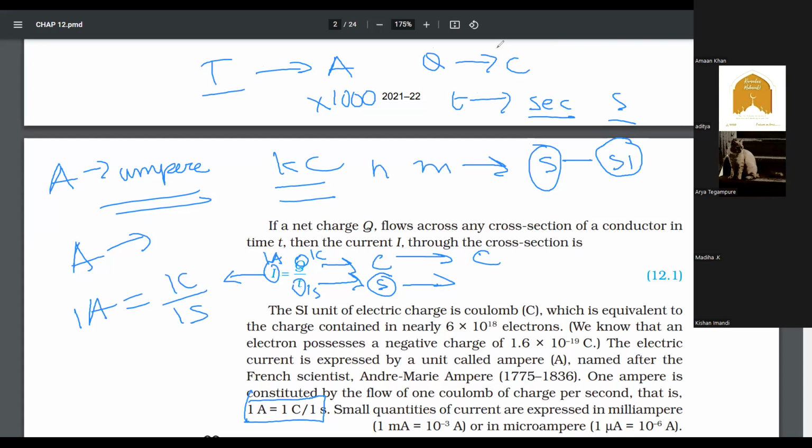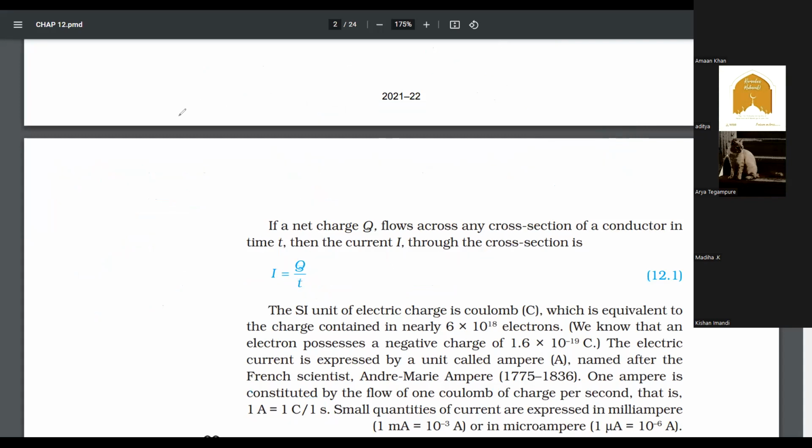Now, moving on, we also have certain quantities for amperes. We have milliamperes and microamperes. For microamperes, we denote it by this U-like symbol, which is the Greek letter mu.